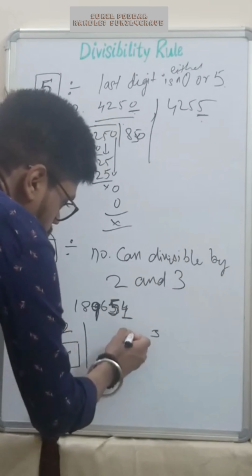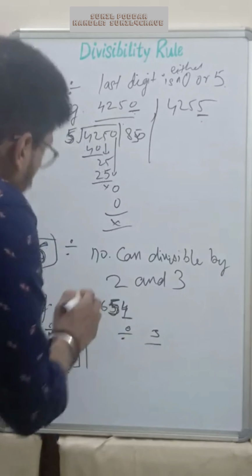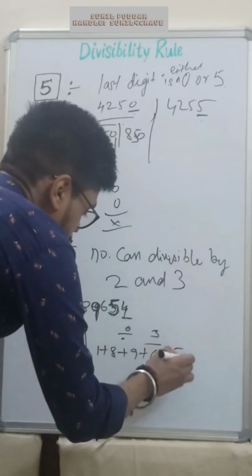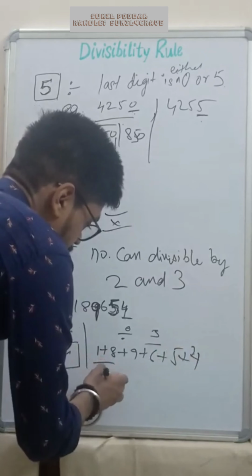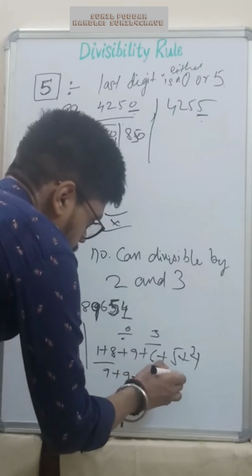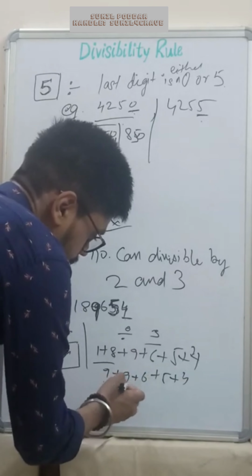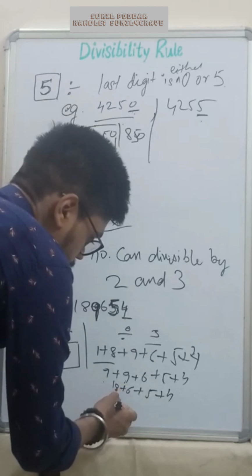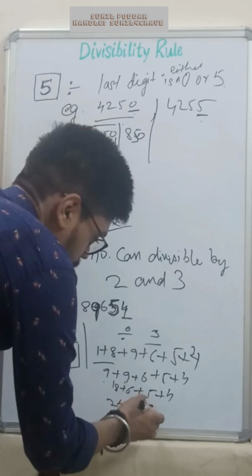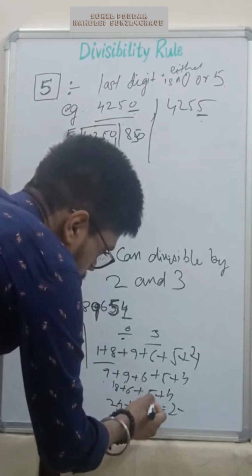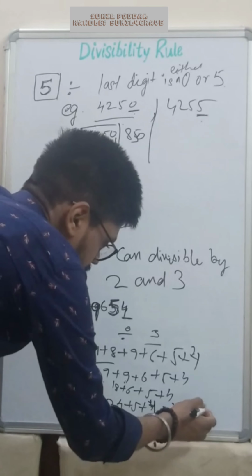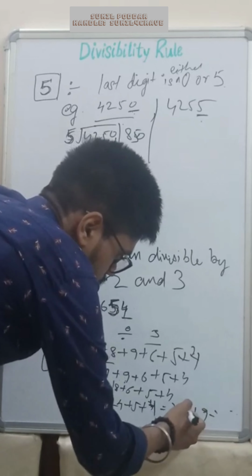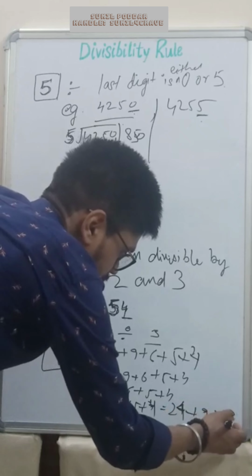For divisibility by 3, we add: 1 plus 8 plus 9, then 9 plus 9 is 18, 18 plus 6 is 24, 24 plus 9 is 33. So it is divisible by 3.